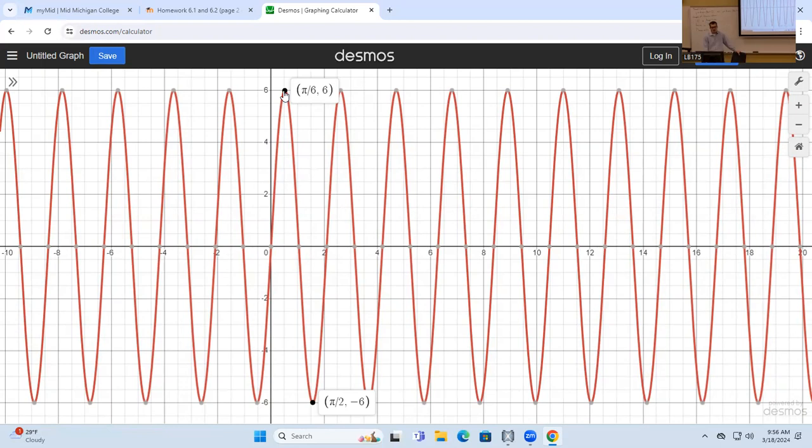Now, here's the other thing. What's the period? There's a couple of ways to see this. One way to see this is ask yourself, normally we go through one full up-down rotation in 2 pi units.